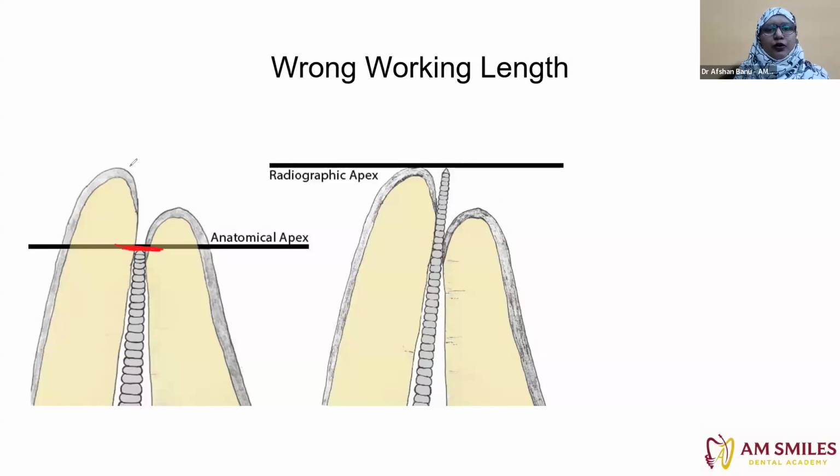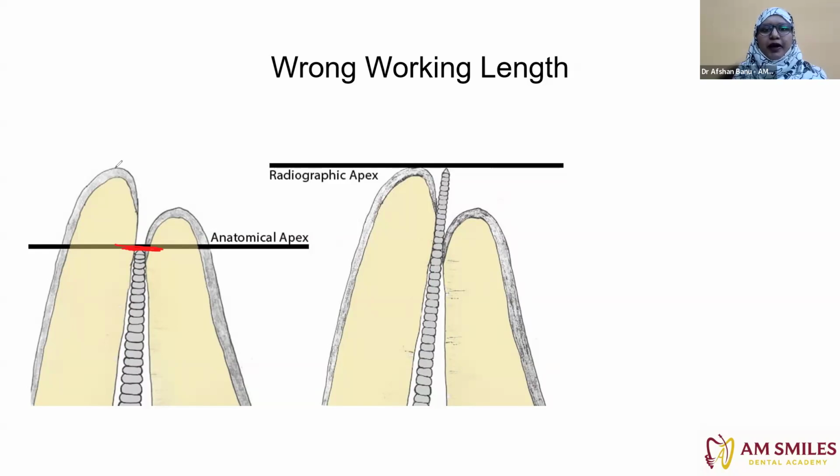If you are going to depend only on your radiograph, it is always better to keep 1 mm less than your radiographical apex, not 0.5 mm. I never recommend 0.5 mm. I recommend only 1 mm, because even though we measure it correctly, the root canal at first will not be very uniform.